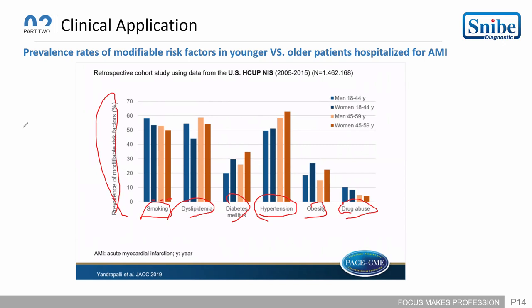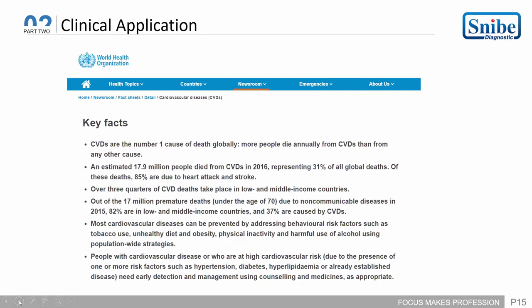So these are the modifiable risk factors that may lead to myocardial infarction. Now, according to the WHO guidelines, the key fact is that CVDs are the number one cause of death globally.